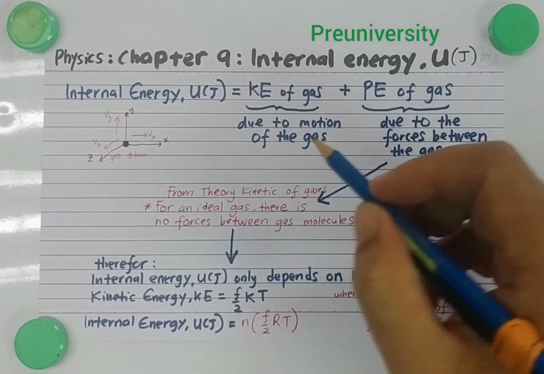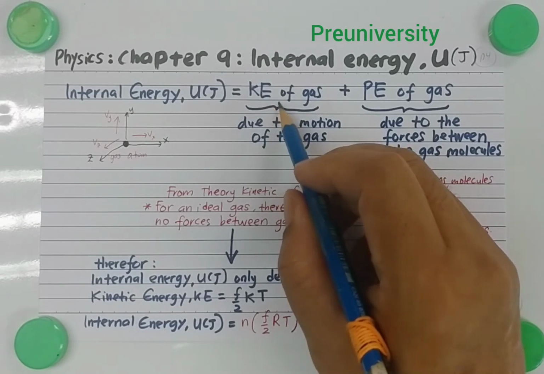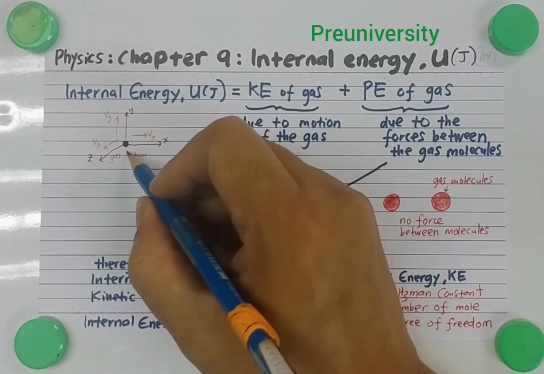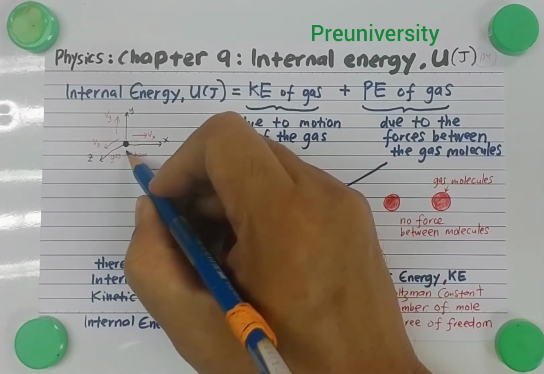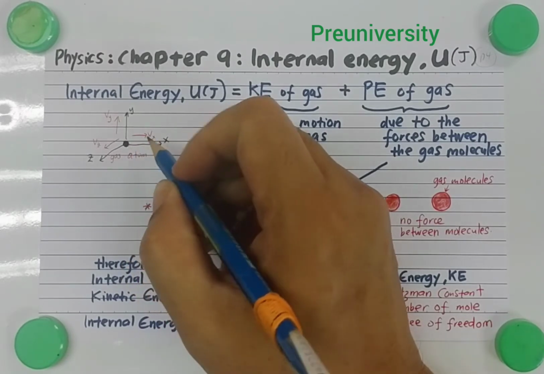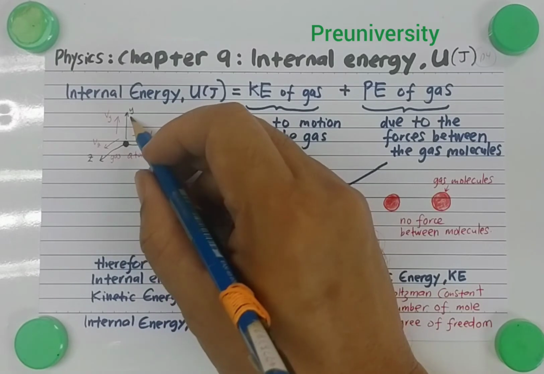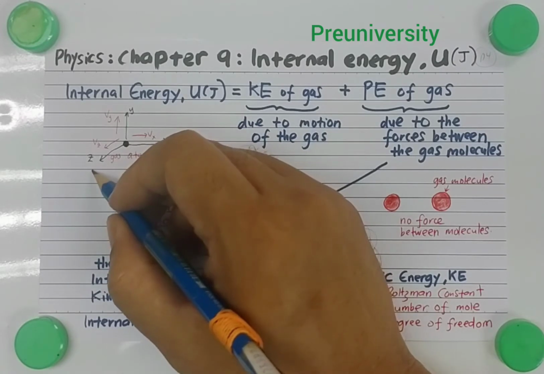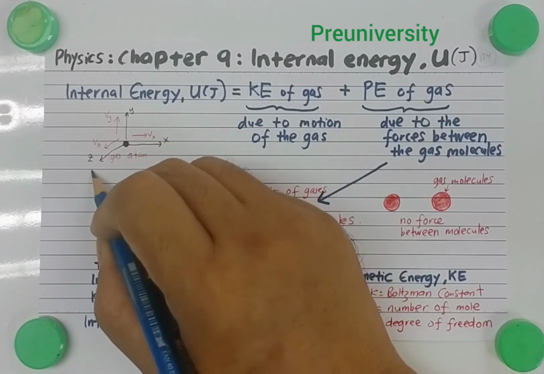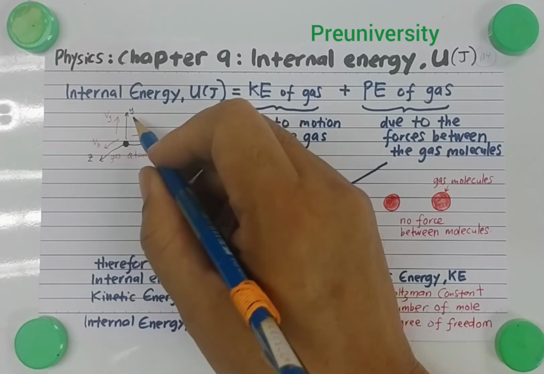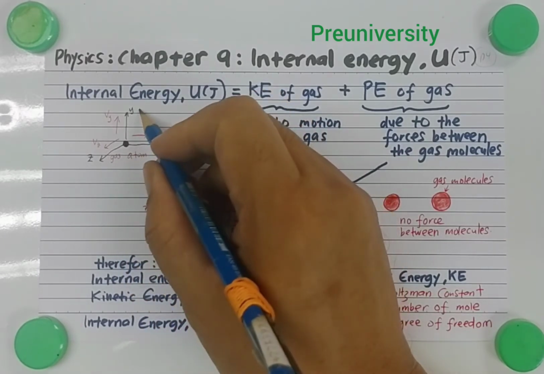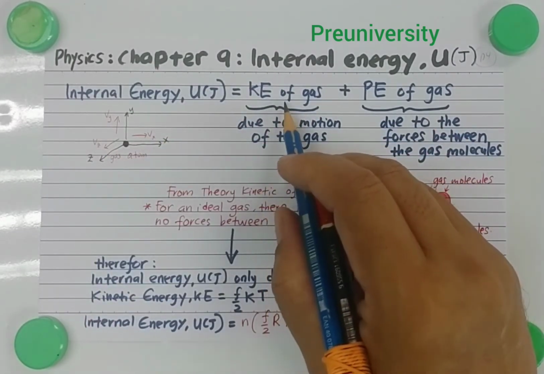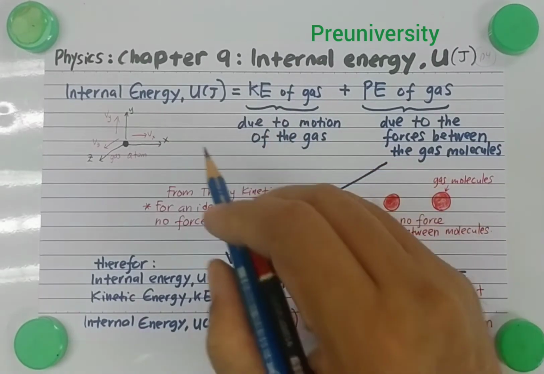First, the kinetic energy of the gas is due to the motion of the gas. Here is the gas atom. The gas can move in the X component, the Y component, or the Z component. So the kinetic energy of the gas is due to the motion of the gas.